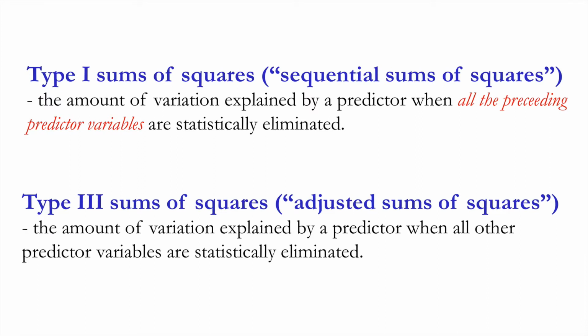However, by contrast, in a type 3 sum of squares, we try to identify the amount of variation explained by a given predictor when all other predictor variables are statistically eliminated.